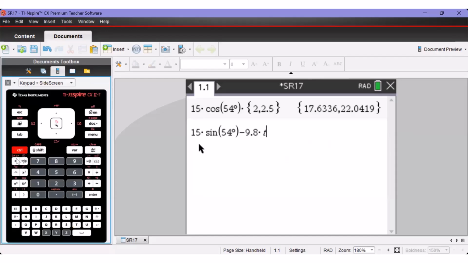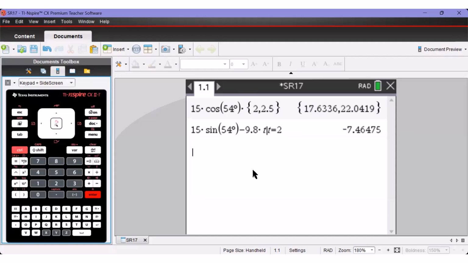So we will press Control equals, navigation pad to the left to highlight the with symbol, press enter, and then we will substitute t equals 2. Press enter, and we get the vertical component of velocity to be negative 7.46, etc., metres per second.